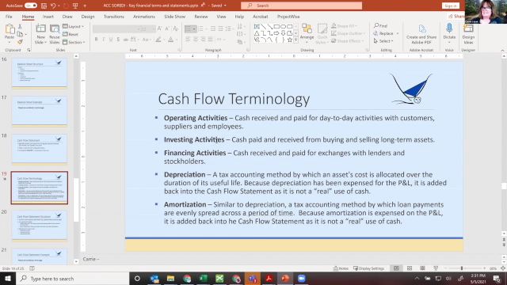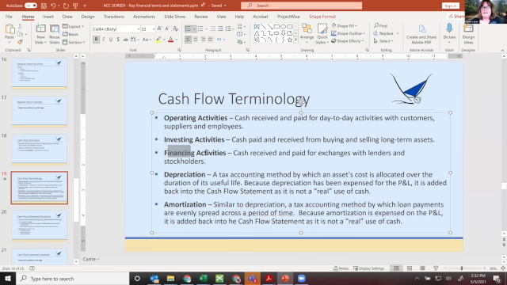So in the investing activities, believe it or not, if you buy a large piece of equipment, you're actually investing in your equipment unless you're paying for it all cash today. So if you are depreciating something, it will almost always show up under your investing activities. Your financing activities include those activities where your owners may want to put more money into the company, or you're paying out a dividend or a distribution to the owners.